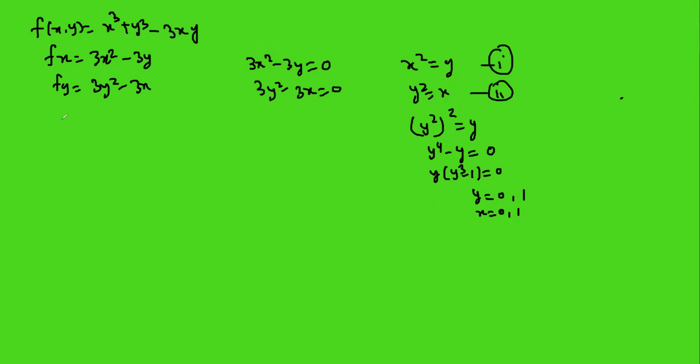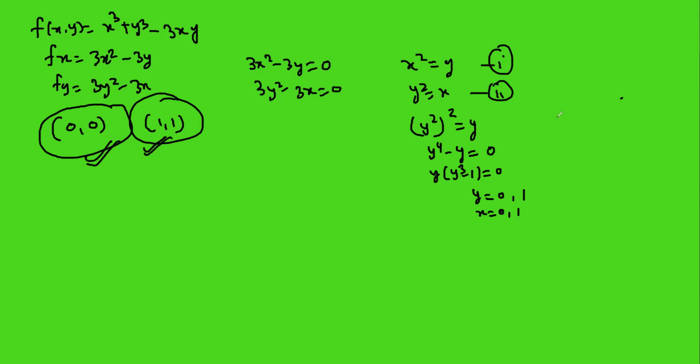Now how many stationary points are there? 2. And you have to check at both stationary points. Now tell me at (0, 0) what you are getting: minima, maxima, saddle point or test fail? Understood? Yes. And then also check at this point.